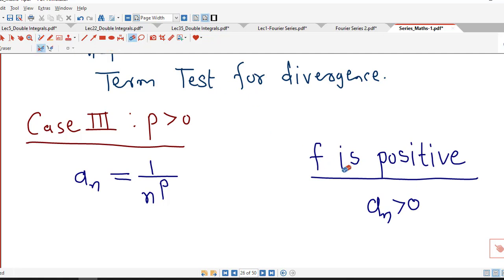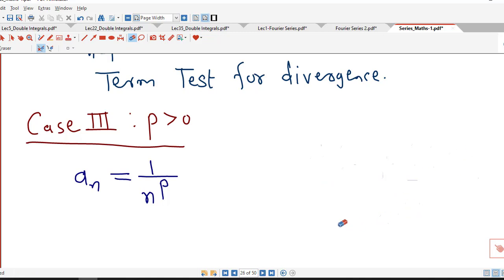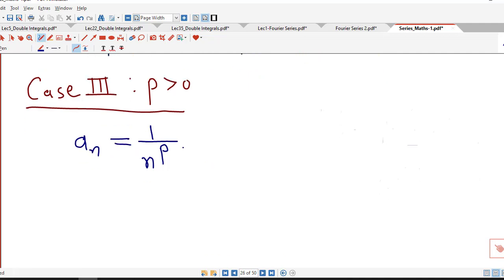If the series has an infinite number of negative terms, we cannot apply the integral test. Here an is 1 over n raised to p, and every term is greater than 0 for all n greater than or equal to 1. So we can apply the integral test.